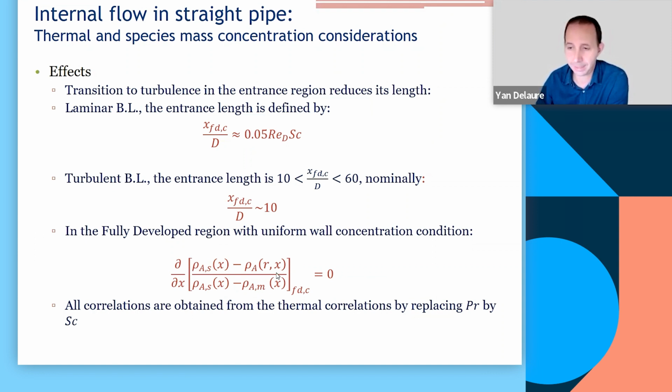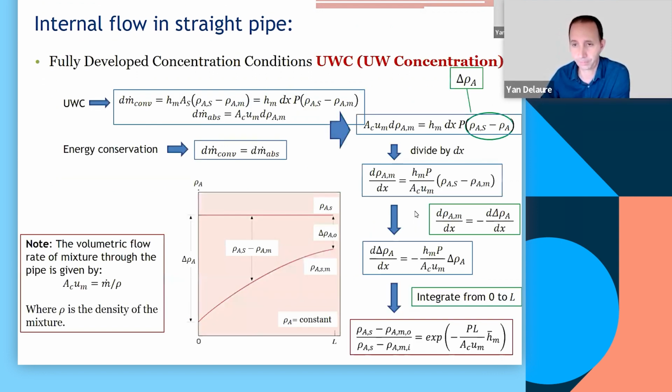So essentially, it's exactly the same as for the thermal problem, but we substituted the mass concentration for the temperature. All the correlations for the mass transfer coefficient Hm are obtained from the thermal correlation by replacing Prandtl number by the Schmidt number. So it's quite simple. We don't need to introduce new correlations. They are in the formula sheet, and you can use these, but you replace Prandtl by Schmidt.